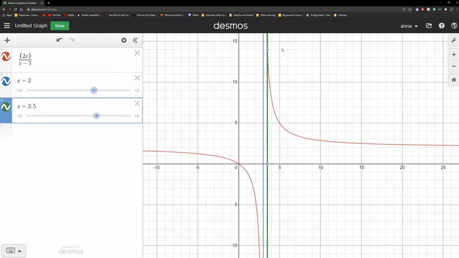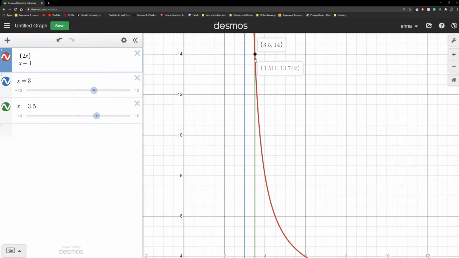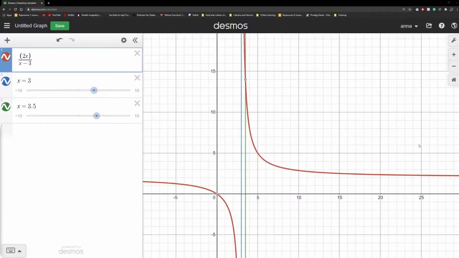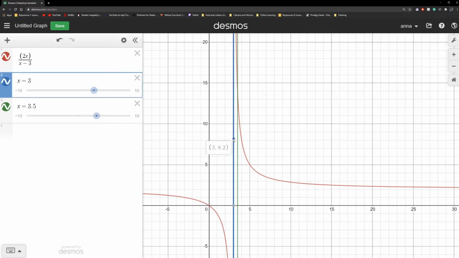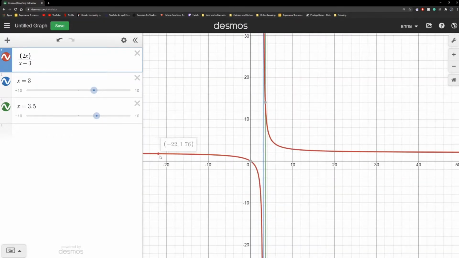So what we're doing is again just getting really close values, and you'll get your answer. But we also see that when we're coming closer to the vertical asymptote, the function is actually increasing. Now looking at this, as we're getting closer and closer to the vertical asymptote, the function is now decreasing. That's simply all you're finding out.